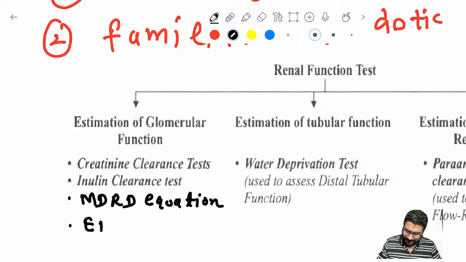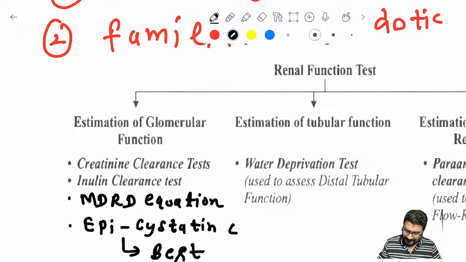Then we have the EPI cystatin C method. This is currently the best method for GFR, and there is an old formula called the Cockcroft-Gault formula. So these are the methods to calculate GFR.